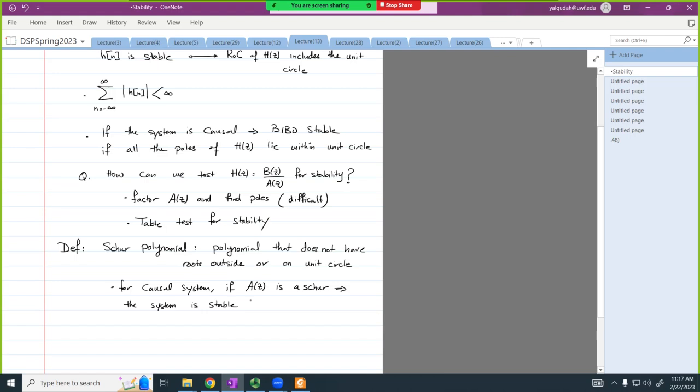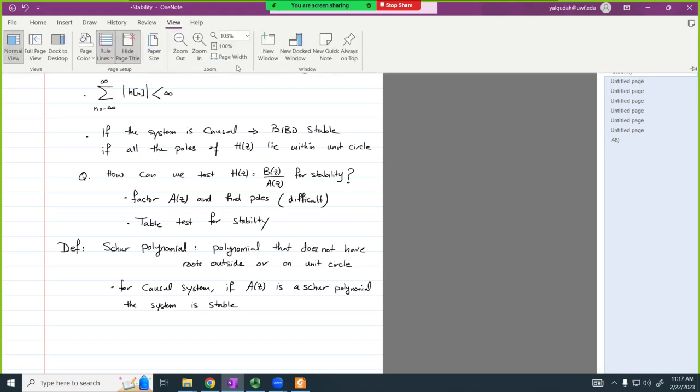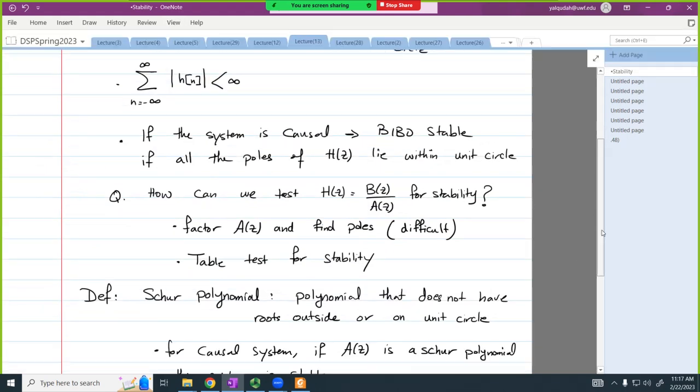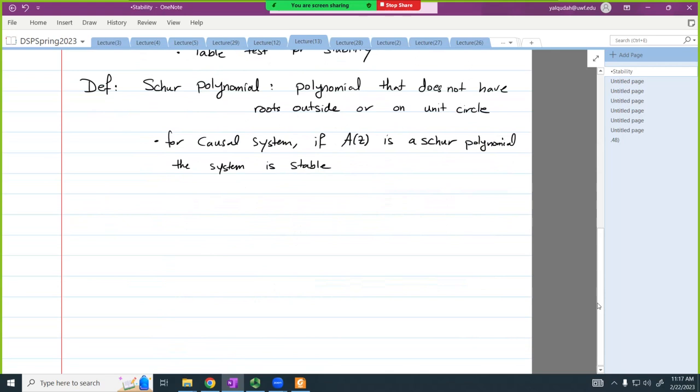The Schur polynomial is the polynomial that does not have roots on the unit circle or inside. If A(z) is a Schur polynomial, then it means the system is stable. Okay, so how do we test to know whether the polynomial is a Schur polynomial or not?